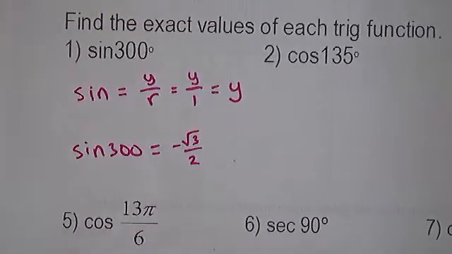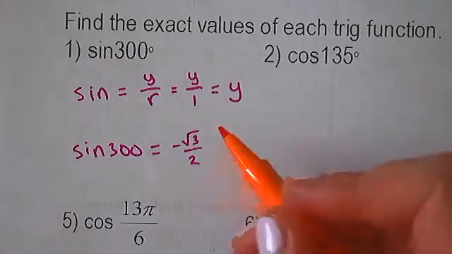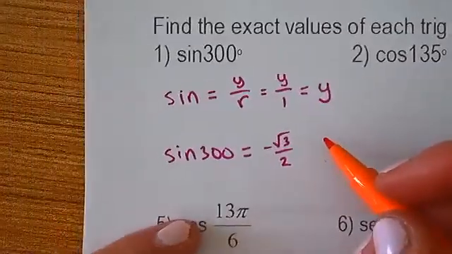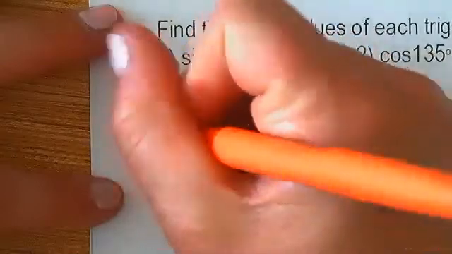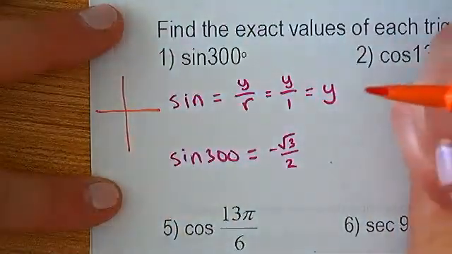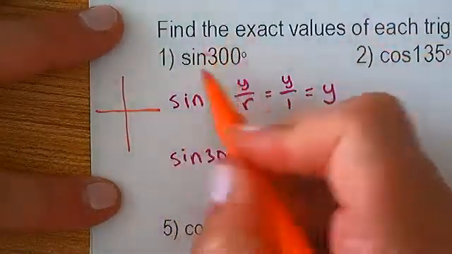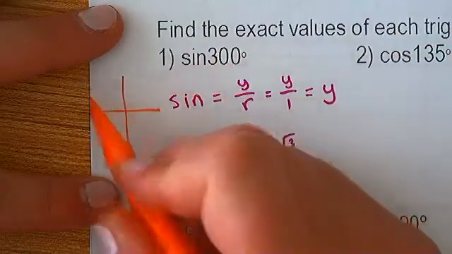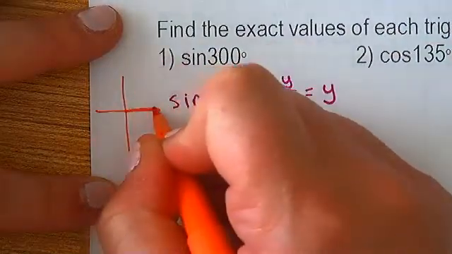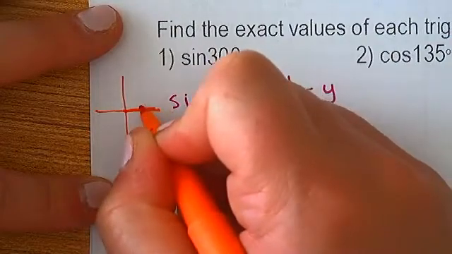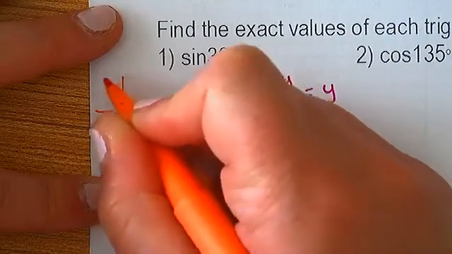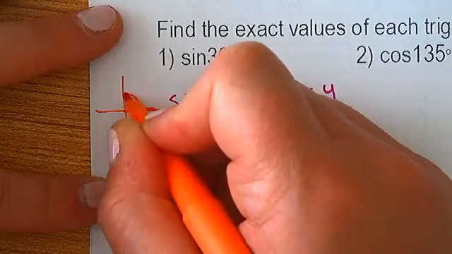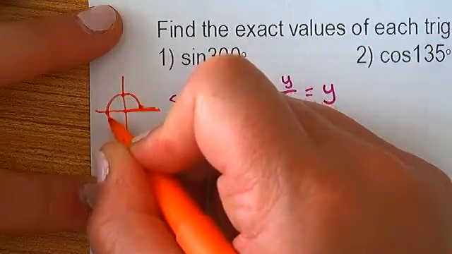Hey, Jax. So we would, let's see if I can grab some room, draw ourselves a little coordinate plane. Now you need to know where would 300 degrees lie, in which quadrant. So again, if this is our initial ray and we open up an angle, a positive degree going counterclockwise, this is 90, 180, 270.